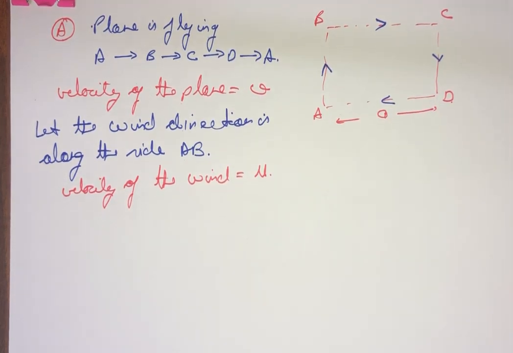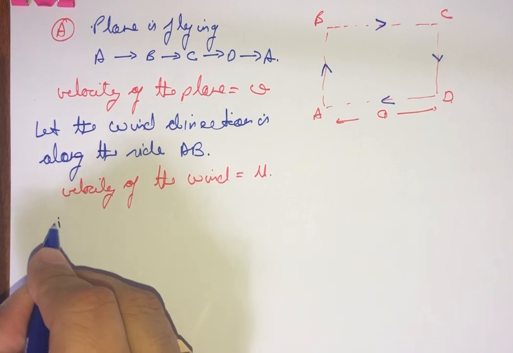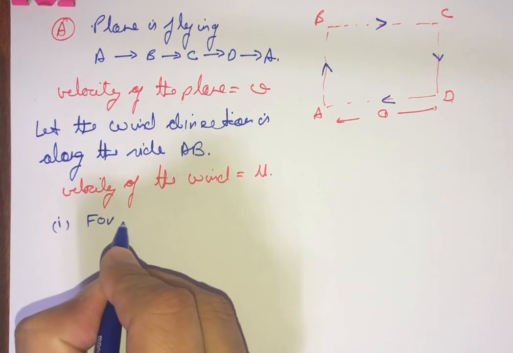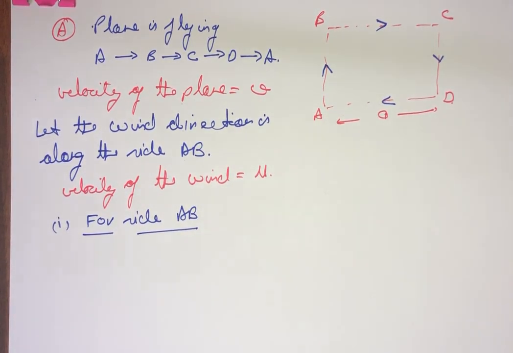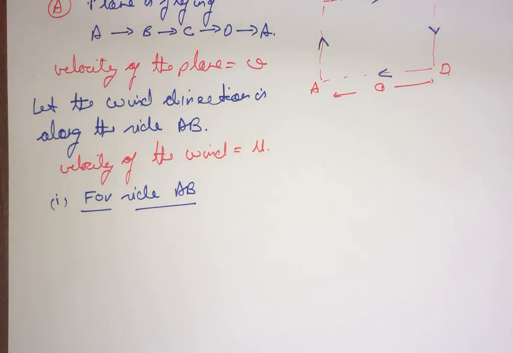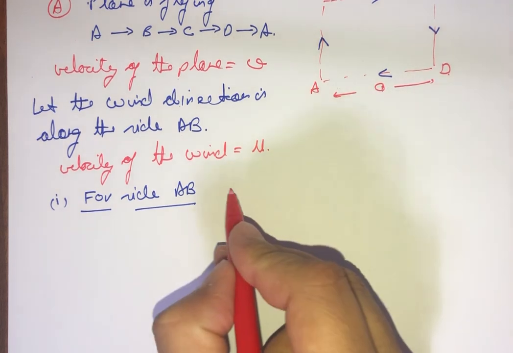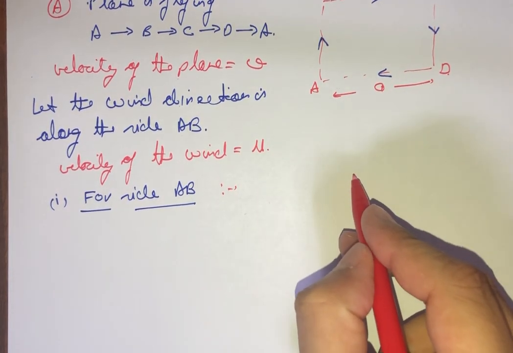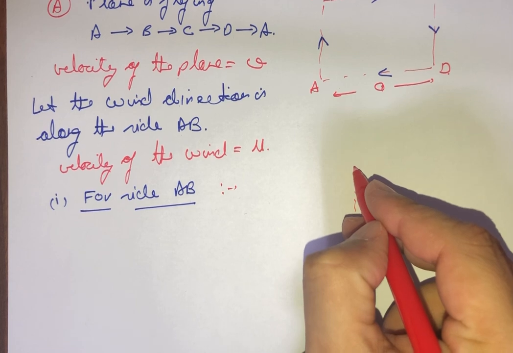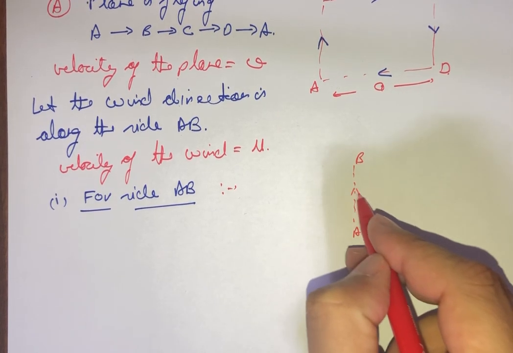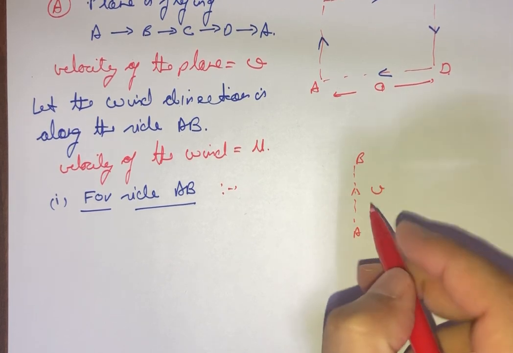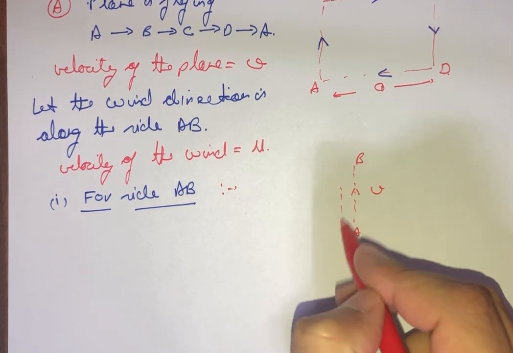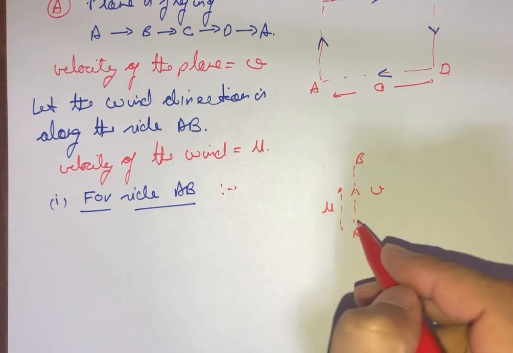Okay, so let us consider first case for side AB. This is side AB. The velocity of the plane V is in this direction, and velocity of the wind u is also in the same direction.